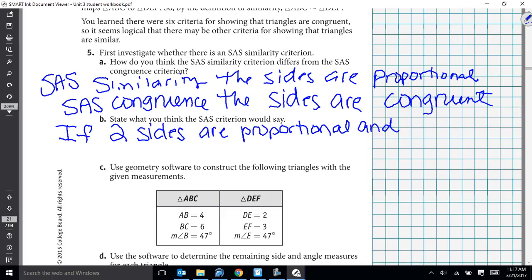And which angle? And what do those two corresponding angles have to be?